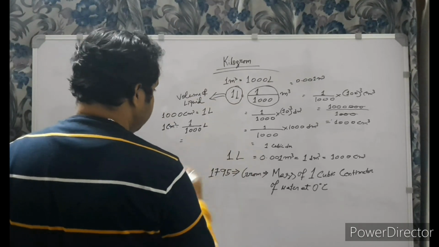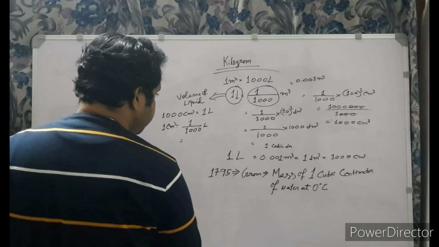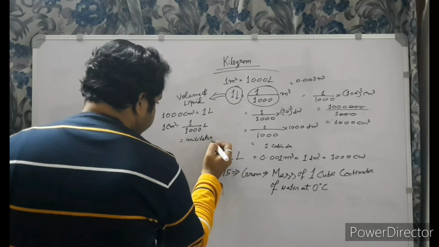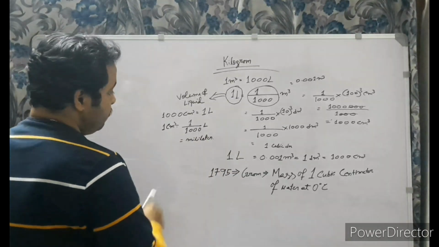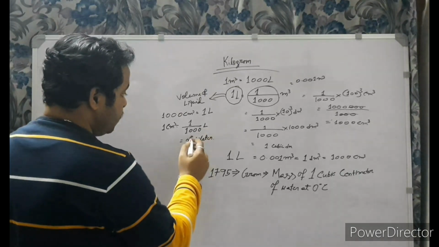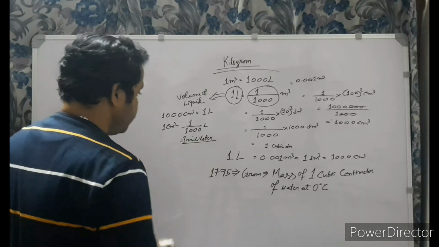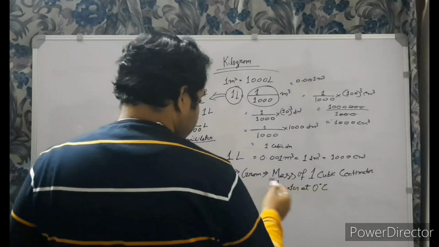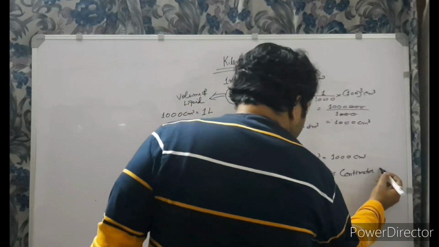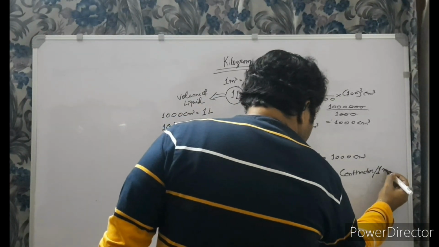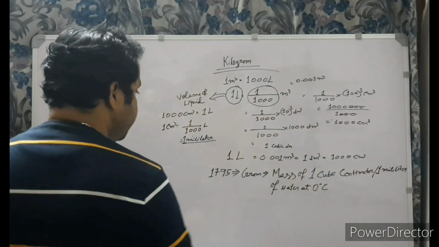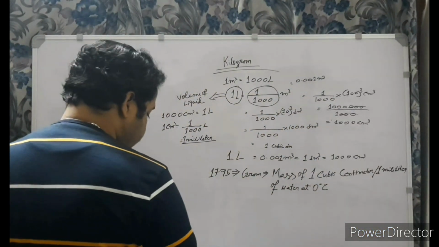Liter, deci, centi, milli. So liter by 1000 is how much? Milliliter, because 1 milliliter is 10 to the power minus 3 liter. So the mass of 1 cubic centimeter, or 1 milliliter, of water at 0 degree centigrade was described as gram.